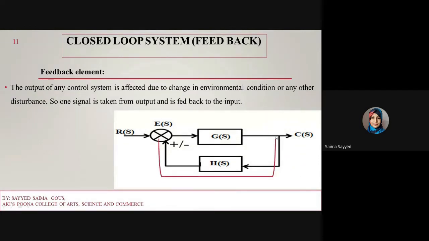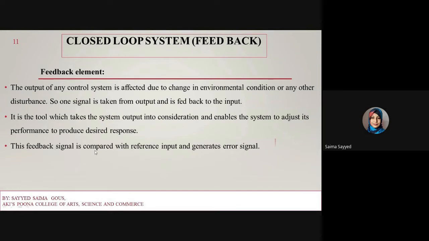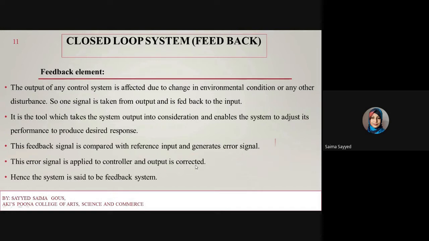So this is my output C(s), and this one signal from output we are taking back to the input. This is called feedback. Next, this feedback signal is compared with the reference input and generates one error signal. Now this error signal is applied to the controller and output gets corrected. Hence, this system is said to be feedback system.